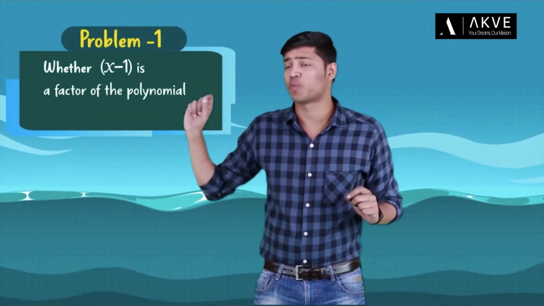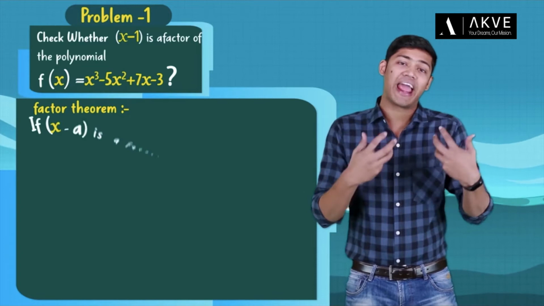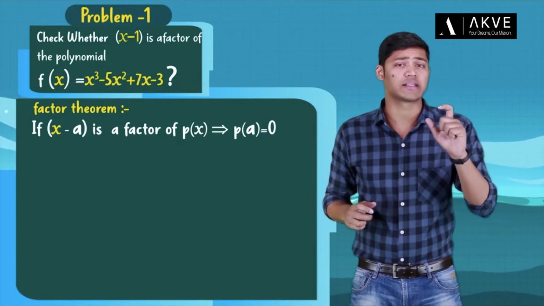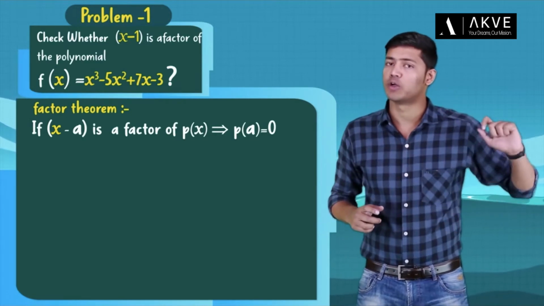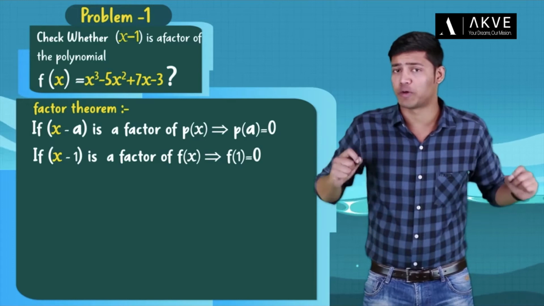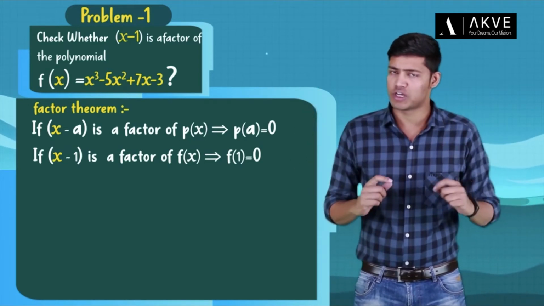So here is our first problem. In this problem, we have to check whether x minus 1 is a factor of this polynomial f of x or not. So let's do it. From the factor theorem, we know that if x minus a has to be a factor of the polynomial p of x, then p of a must be equal to 0. Similarly, if x minus 1 has to be a factor of the polynomial f of x, f of 1 must be equal to 0.